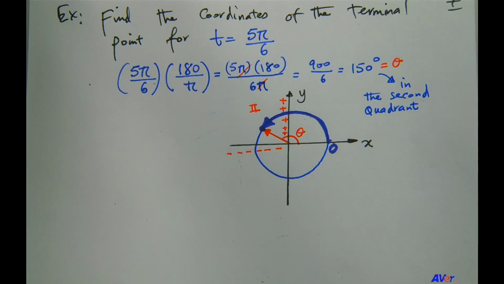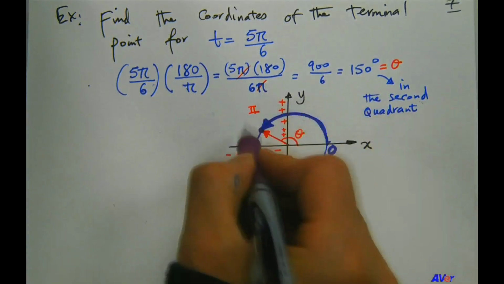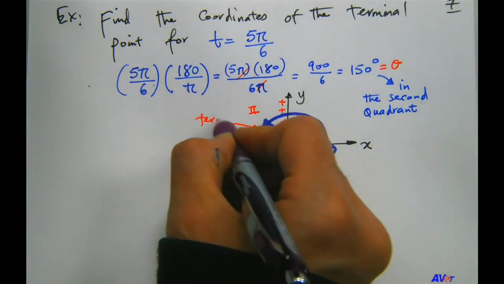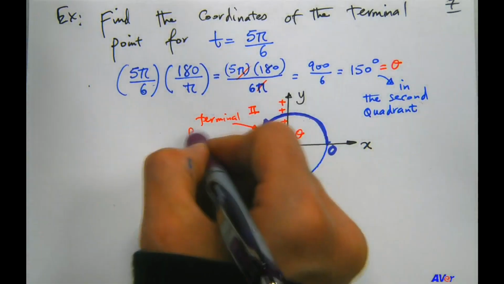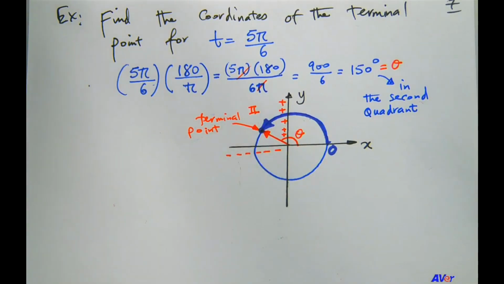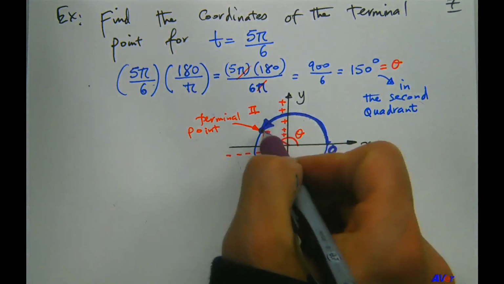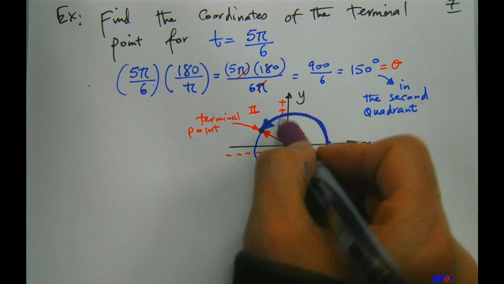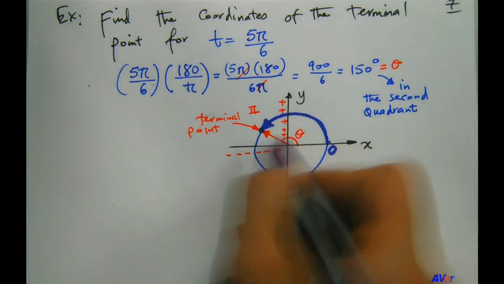If this is the terminal point, and we're looking for the coordinates of that point, what is the shortest distance to that terminal point from the x-axis? Is that it? No, it's this, right? This is the x-axis.